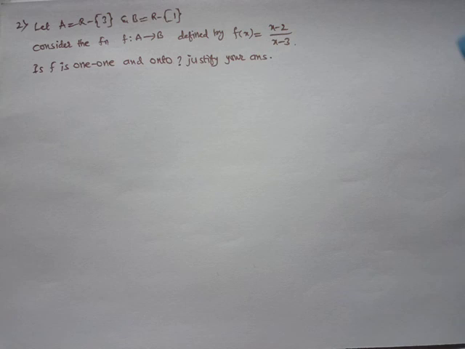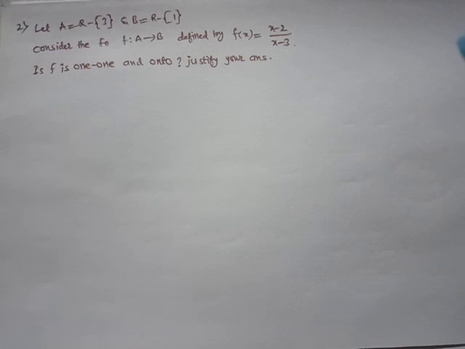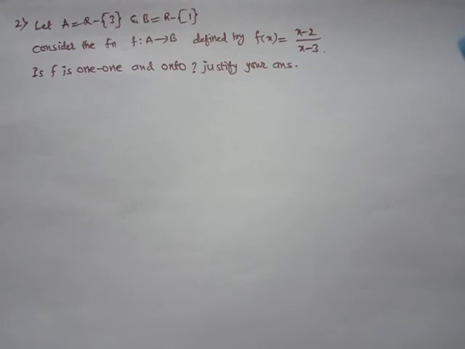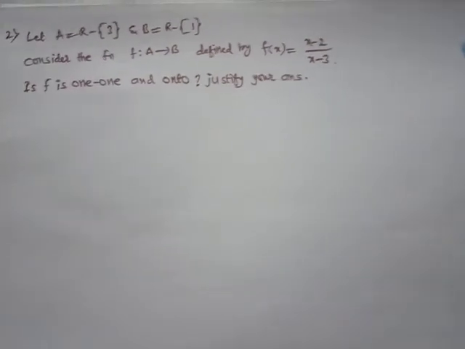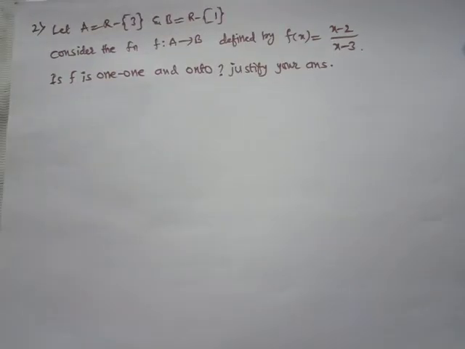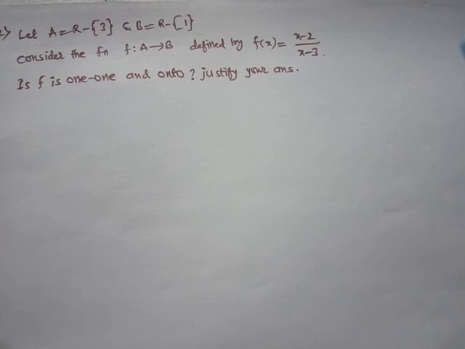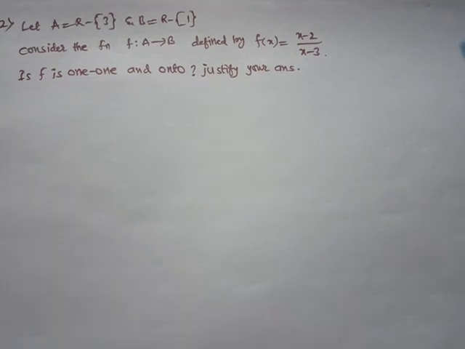Coming to the next question, let A be equal to R minus 3, and B be the set R minus 1. Consider the function f mapping from A to B defined by f of x is equal to x minus 2 by x minus 3. Is the function f one-one and onto? Justify your answer.